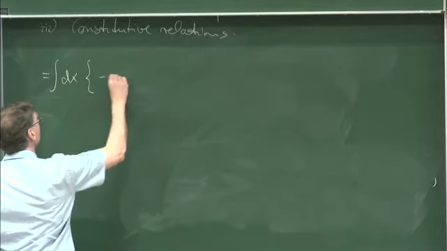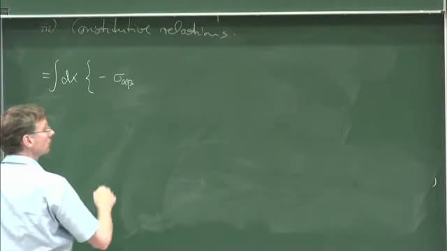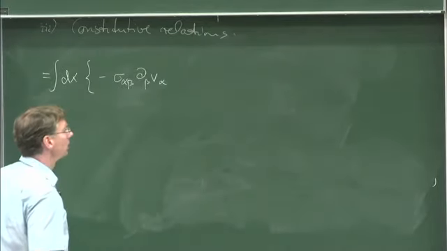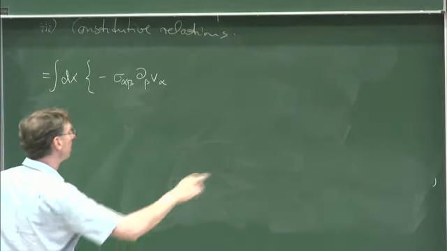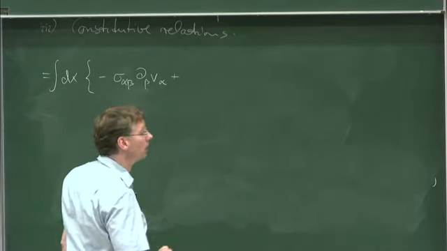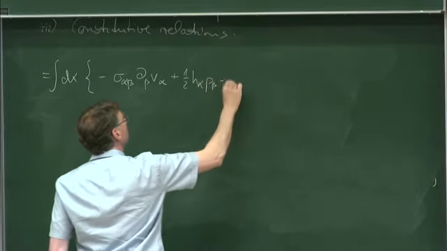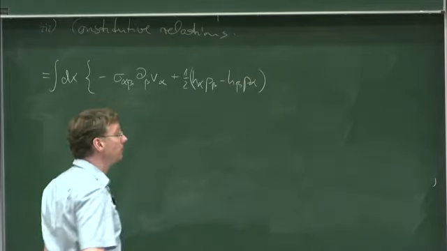So this gives us a minus sigma alpha beta times d beta v alpha. And I have to add the antisymmetric part, and the antisymmetric part gives us a minus there, so there should be a plus 1/2 h alpha p beta minus h beta p alpha.